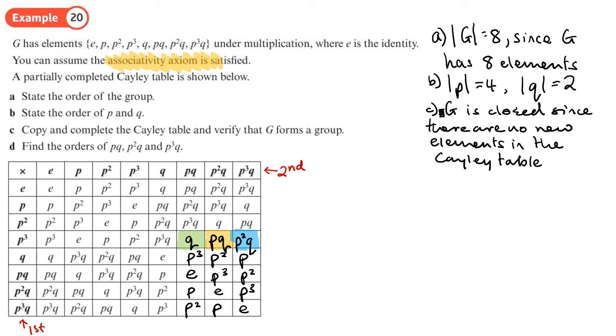So that's the first thing, it's closed. The second thing we need to check for is identity. Well, we've been told the identity is E. We need to check for inverse. So all we need to do is check that E appears in every row and column. So let's highlight the E's in red. There's one in that column, one in that column. If we can find an E in every row and column, then that tells us that every element has an inverse.